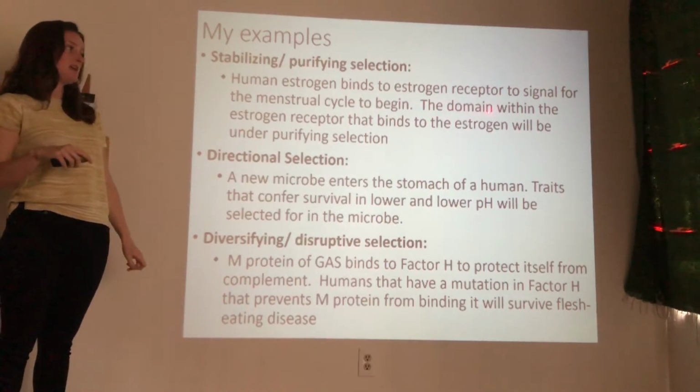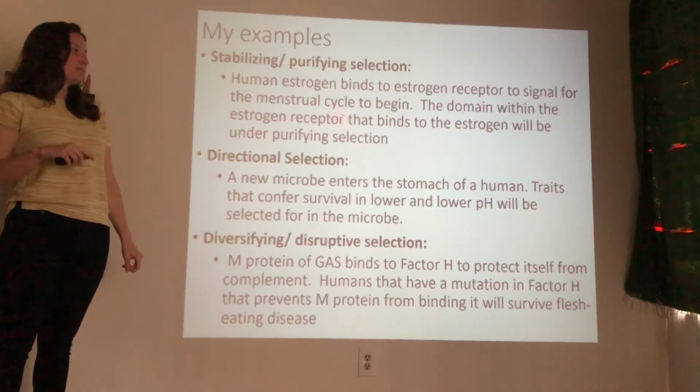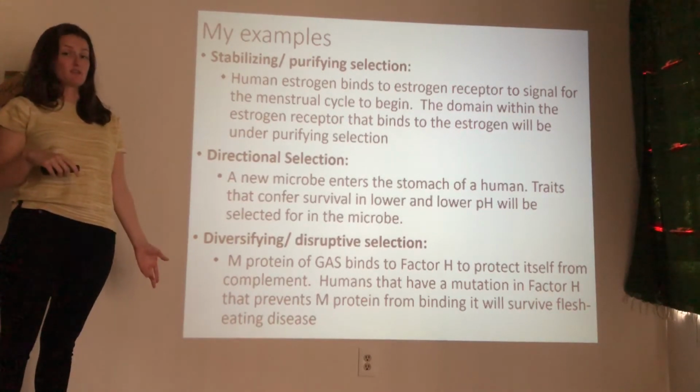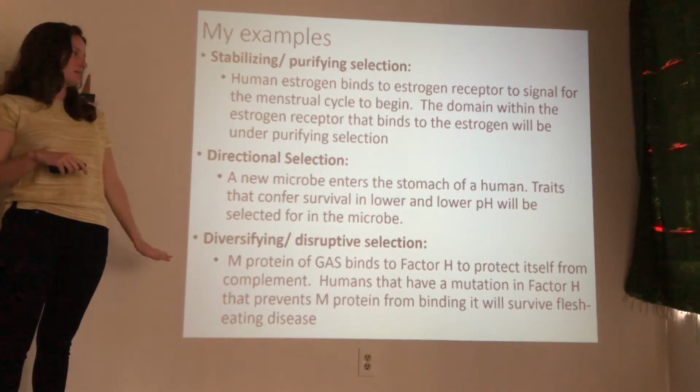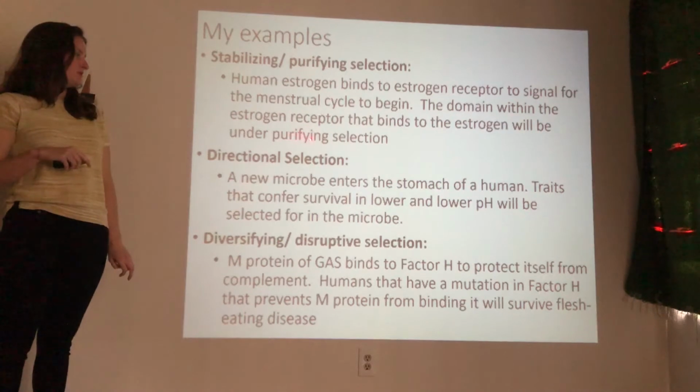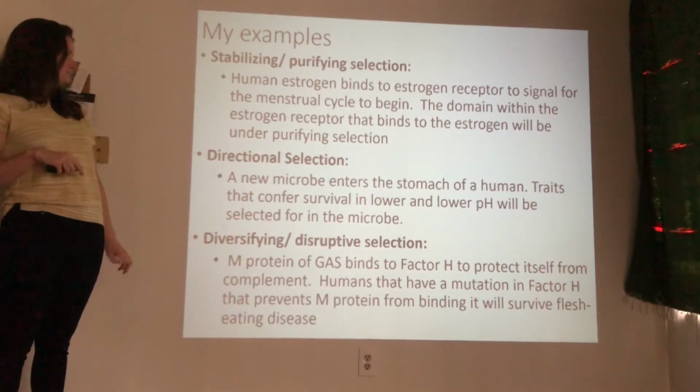And so the domain within the estrogen receptor that binds to the estrogen protein is going to be under purifying selection, because we don't want changes. The changes there are not going to be selected for, they're going to be selected against. So you're not likely to see a lot of changes there. So those are under purifying selection.